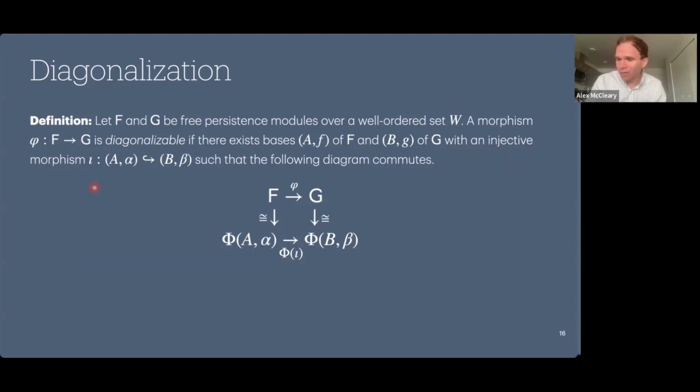Note that iota here is a map between two bases, but in particular, iota is just a map from A into B that plays nicely with the coordinate functions alpha and beta. So really, this is almost the exact same diagram we had earlier with vector spaces, only we're also keeping track of not just what our basis elements are, but also where they appear. And so here we call iota a diagonalization of this morphism of persistence modules phi.